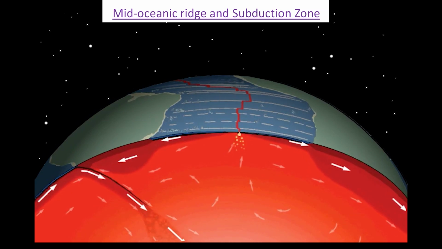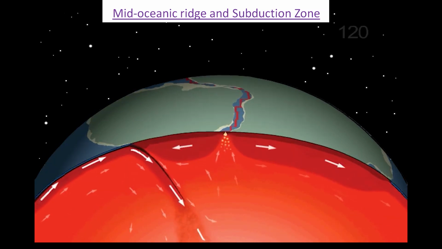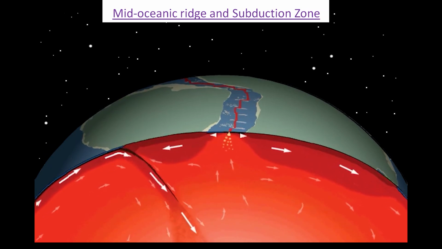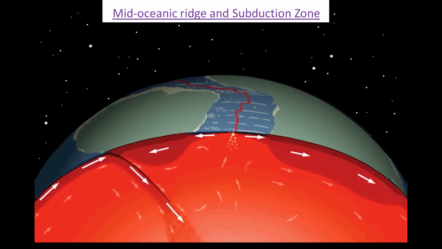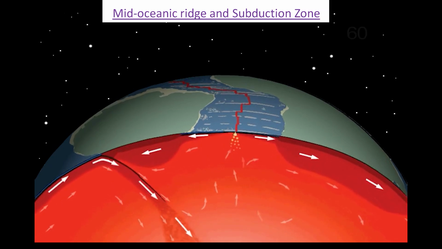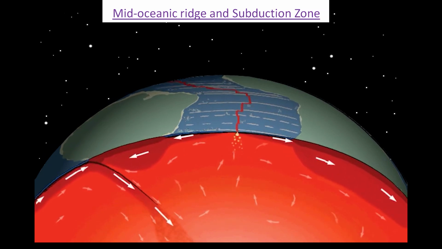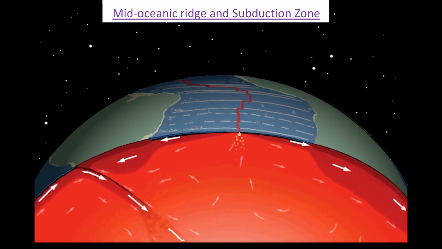So here there is a parallel scenario you can see and compare in this animation, where subduction is going on at one end on the western coast of South America, and a mid-oceanic ridge system is developing along the Atlantic ridge on the far east of South America, between the South American margin and the African margin. In between there is the mid-Atlantic ridge.